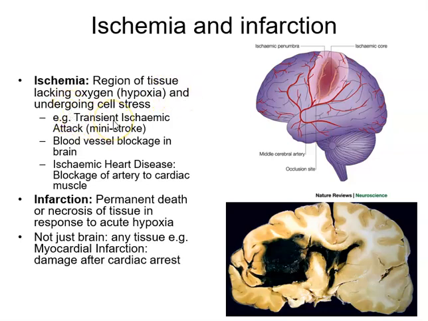You'll come across this term, things like transient ischemic attack, or also known as a mini stroke, where you get a temporary occlusion of a blood vessel, and then an area of brain that is fed by that blood vessel is transiently lacking in oxygen, and that can cause a temporary stroke, which then, when that vessel becomes unblocked, resolves. And hopefully, if that occurs quickly, there is no cell death in that area.